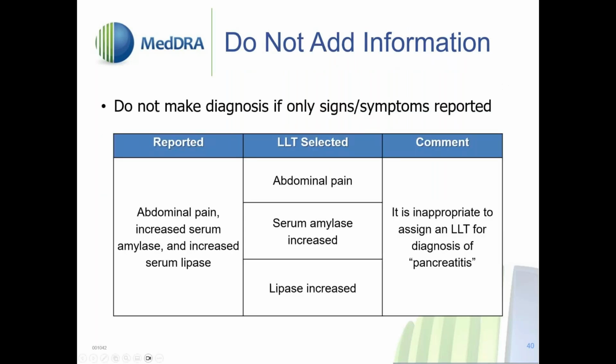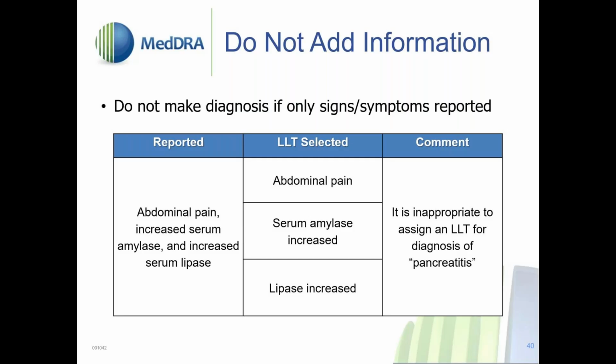So for example, if you have a reporter that sent in a report and the report says this patient complained of abdominal pain, increased serum amylase, and increased serum lipase. If you have a medical background or if somebody in your team has a medical background, they may be tempted to think, well, it's possible that what's going on here is pancreatitis.